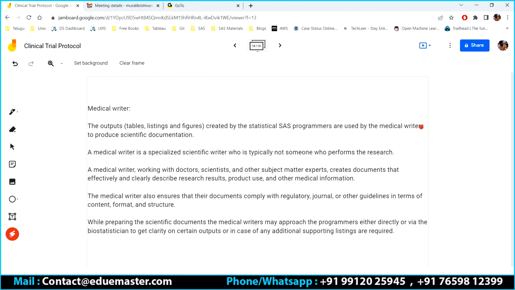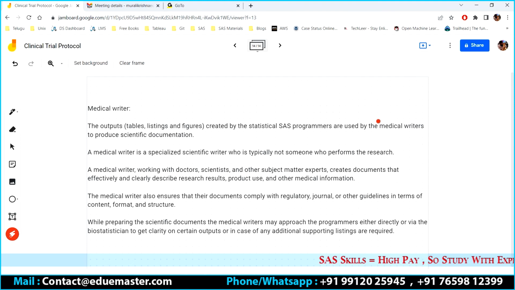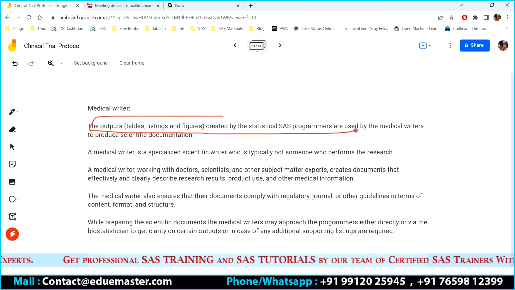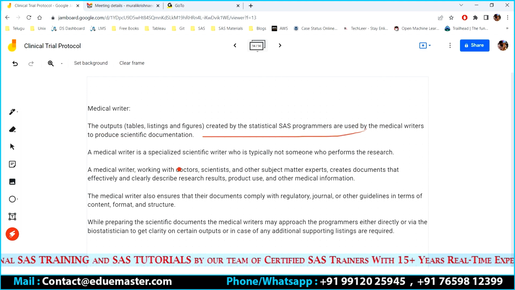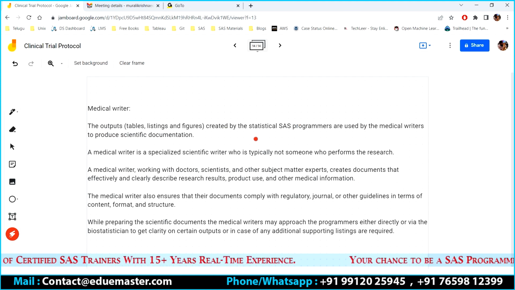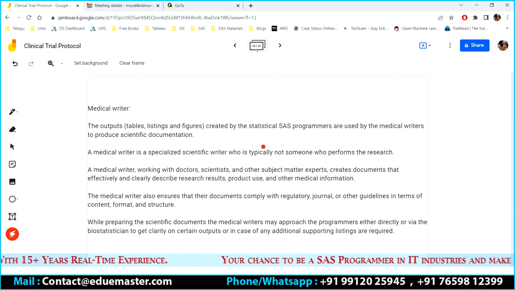This person is going to produce a scientific document, and that scientific document will be viewed and used for the entire research. Right? This is the person who is going to utilize the tables, listings, and figures created by us and prepare a meaningful scientific document.